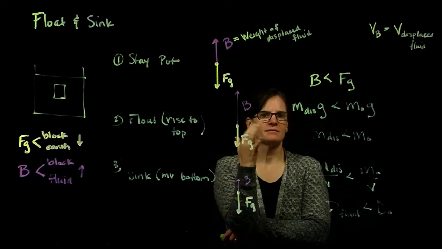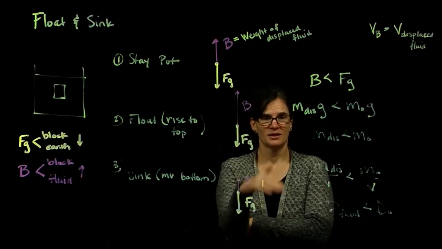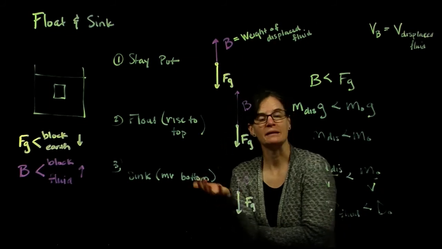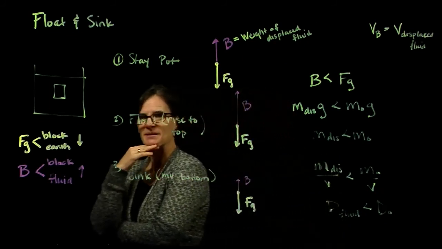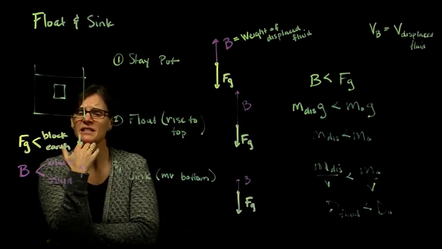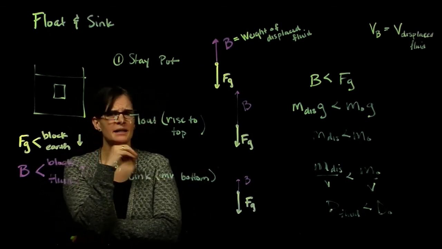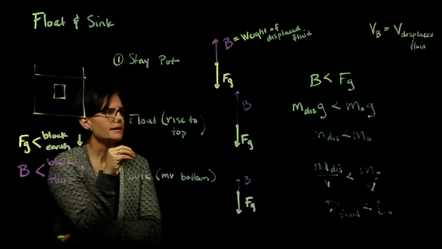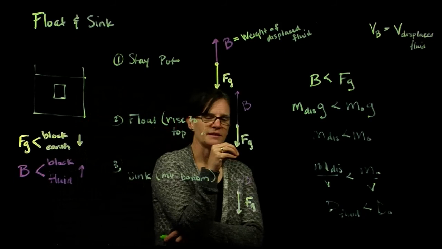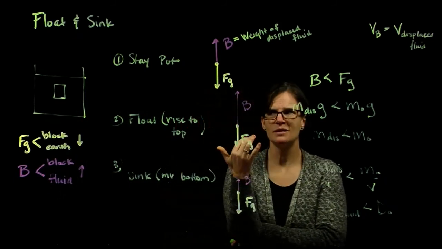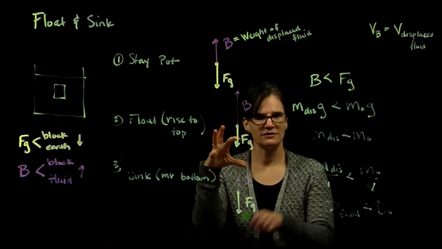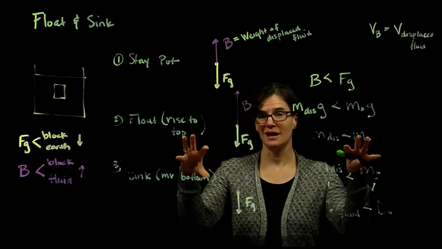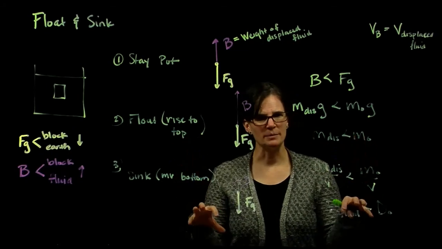Well, how does a fish swim at different depths, or a submarine move at different depths? Well, in the case of a submarine, we have a fully submerged object. Its volume is fixed. And since its volume is fixed, how does it go deeper? If it's fully submerged, happy at a certain depth, how's it going to move deeper?